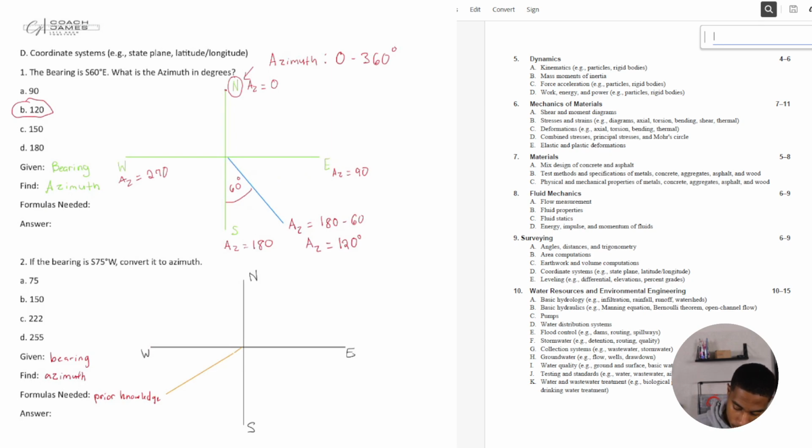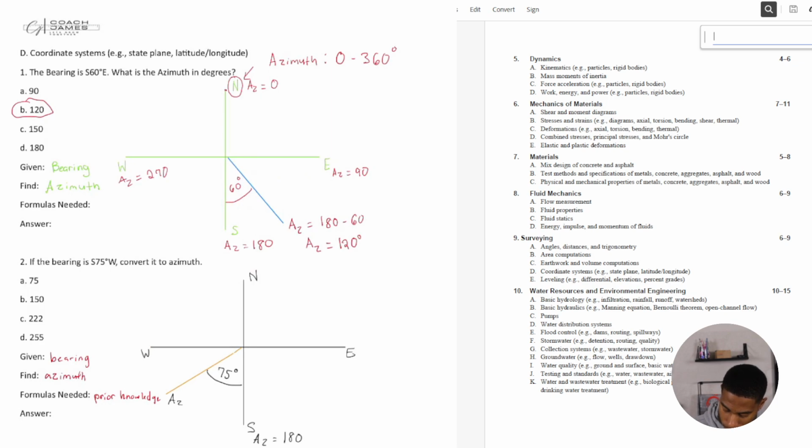So this angle is going to be 75 degrees. If I know that my azimuth is equal to 180 here, then I need to add 75 to get the azimuth here.